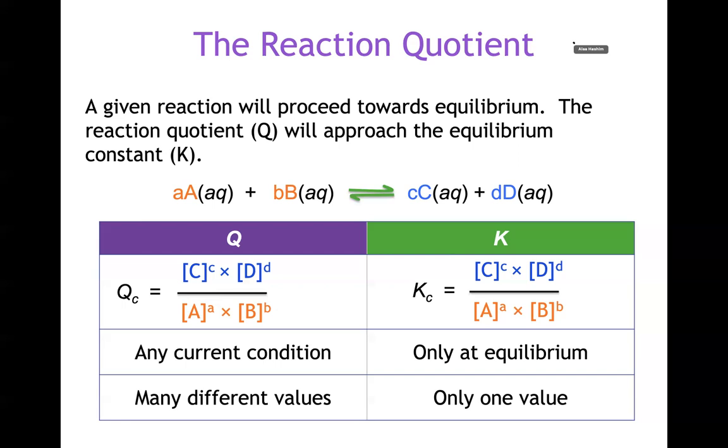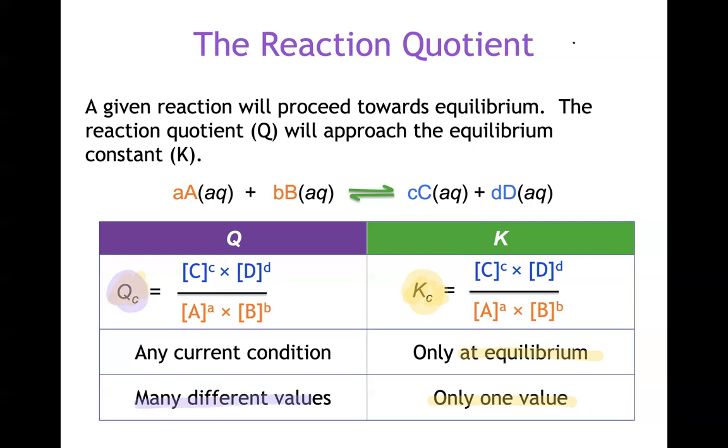Notice that we calculate the reaction quotient and the equilibrium constant in a very similar way. It's the same equation. The difference is that anytime we're calculating the equilibrium constant, there's only one value for it. It has to be that those are the concentrations at equilibrium. It's always going to be at equilibrium, whereas the reaction quotient is going to have many different values.